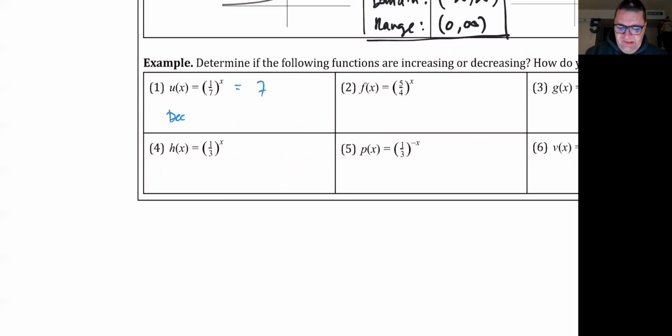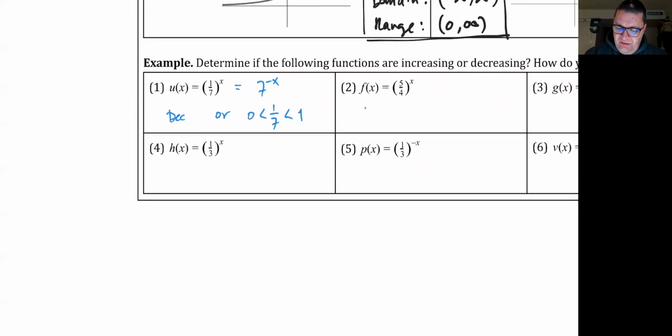We can think about this as 7 to the negative x as well. So that would be one way to demonstrate that a negative power means that the graph is decreasing. Or we could say that the base is between 0 and 1.